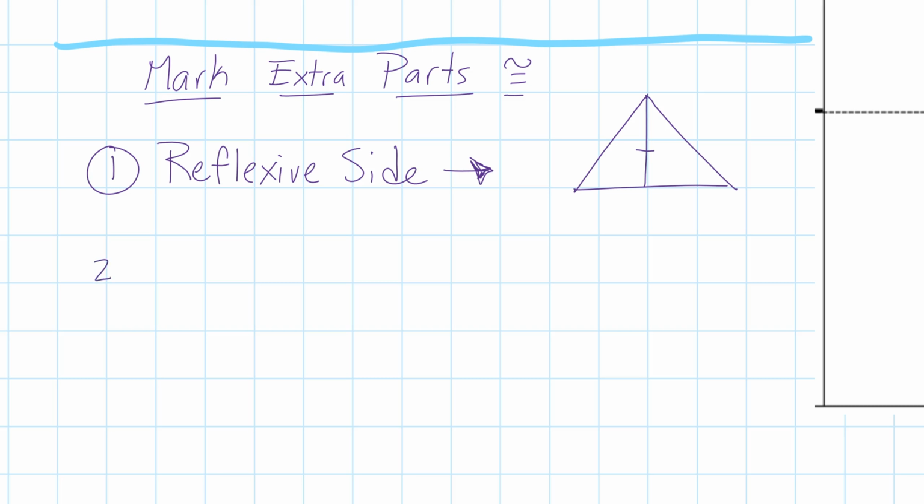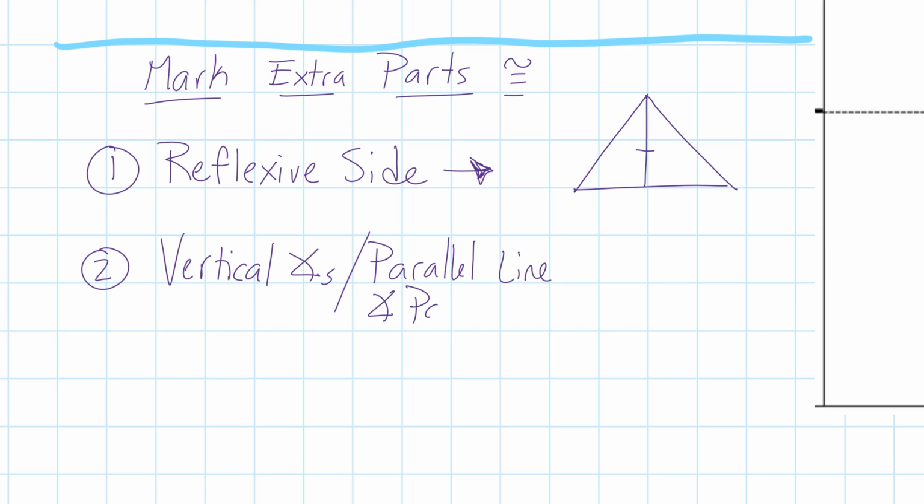The second time that you can mark parts congruent when it doesn't tell you is when you have vertical angles or parallel line angle pairs. I'm not really going to go over parallel line angle pairs. Do we remember those? If I had triangles like this and then I said the top line is parallel to the bottom line, alternate interior angles are congruent, and I can mark them congruent.